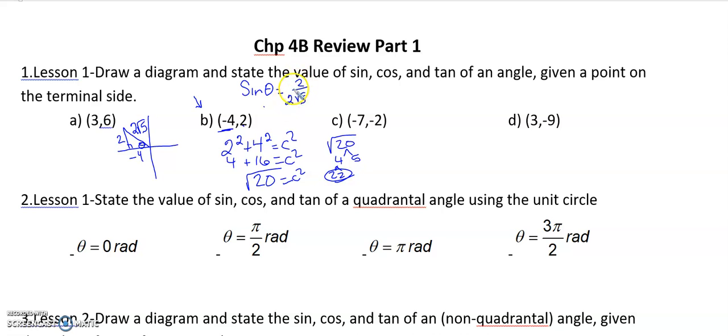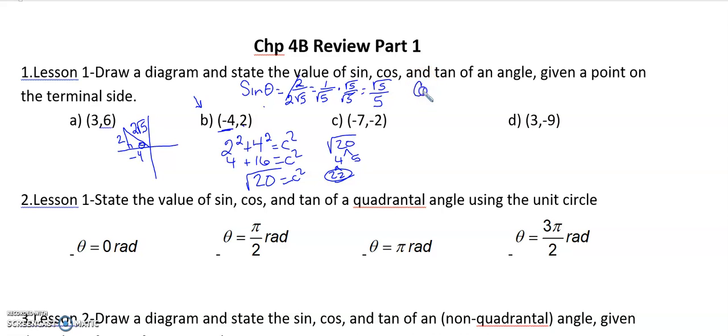Okay, now right off the bat I can tell 2 divided by 2 is going to be 1. So that's really 1 over square root of 5. And then to rationalize the denominator, remember we multiply both top and bottom by that denominator, or in other words, the radical moves to the top and comes out in the bottom. Okay, so that's my sine.